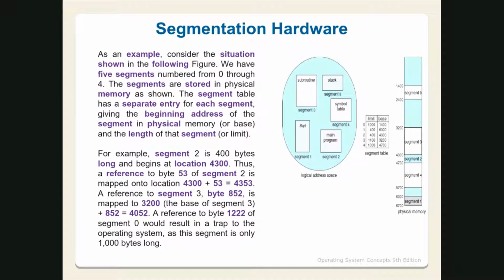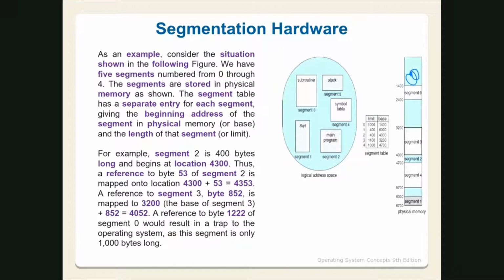Consider the situation shown in this figure. Here we have 5 segments. Not this one. This low memory, I told you already, is assigned to the operating system. I'm talking about the other segments.